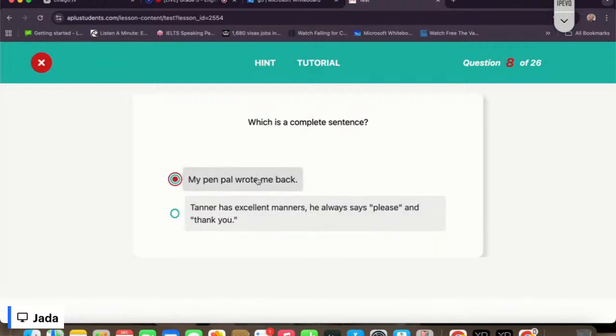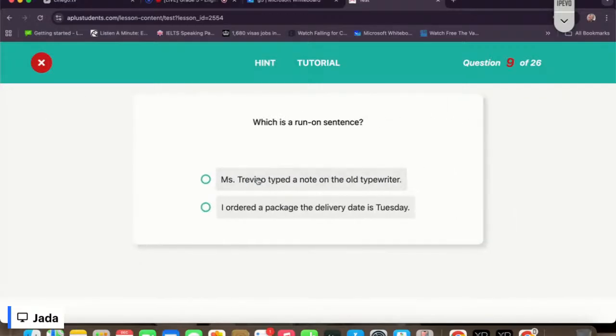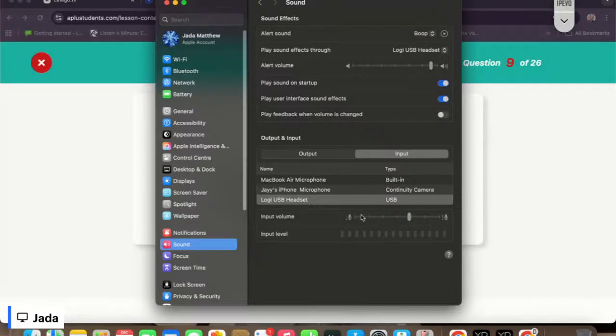All right, so "My pen pal wrote me back." Then, which is a run-on sentence? The first or the second?